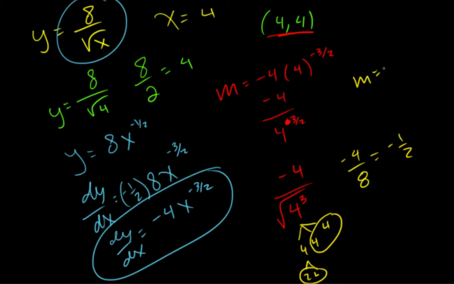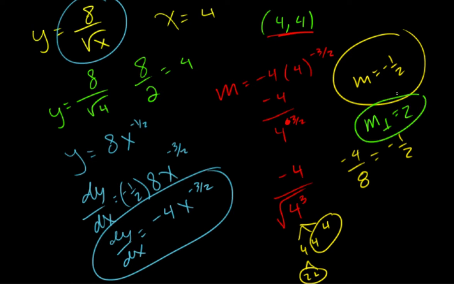Now once again, this is the tangent slope that we just found. To find the normal slope, or the perpendicular slope, we need to do the opposite reciprocal. So we flip the fraction upside down and we get a 2, and then it was negative, so now it's positive. And so our perpendicular slope, or our gradient, or the slope of our normal line is going to be 2.